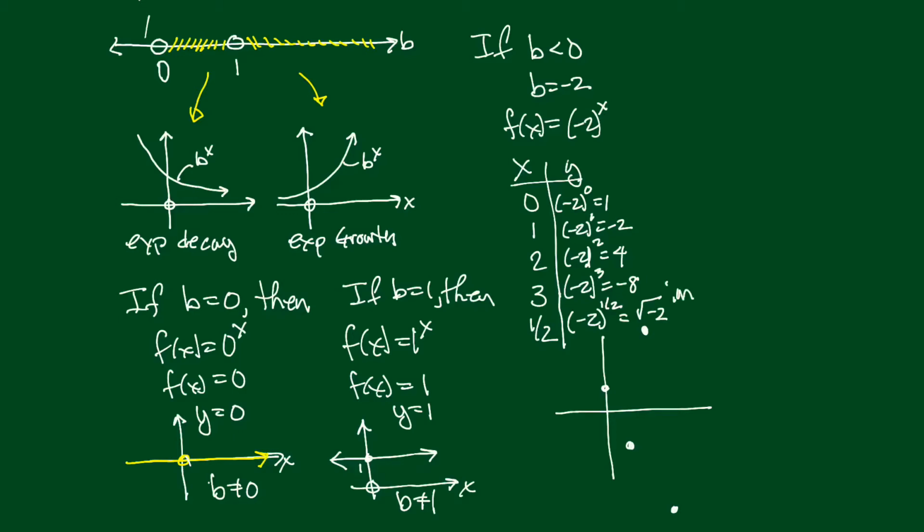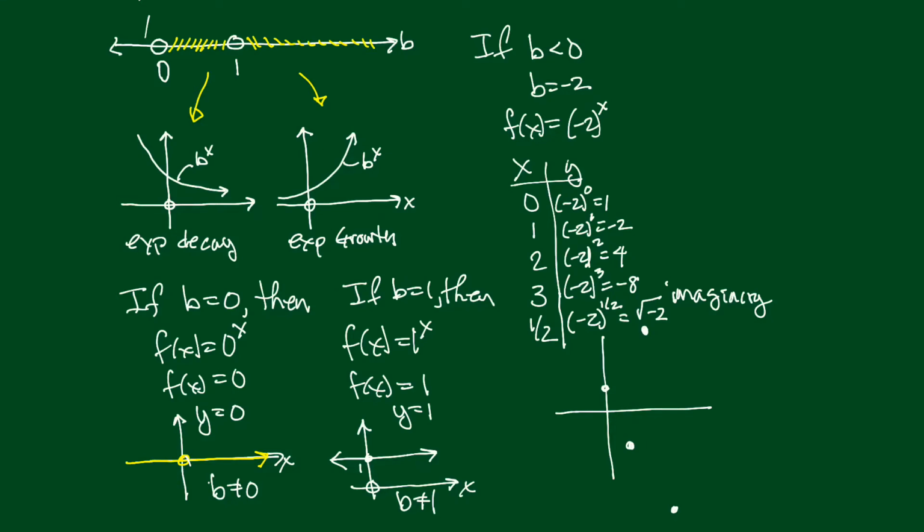And as you know, that is imaginary. Now these axes are real number lines, right? The x-axis is for real numbers. So if I come out here to 1/2, I get an imaginary number. That means there's nothing here on the graph at all. It's like a hole.